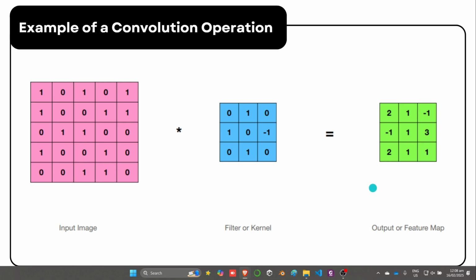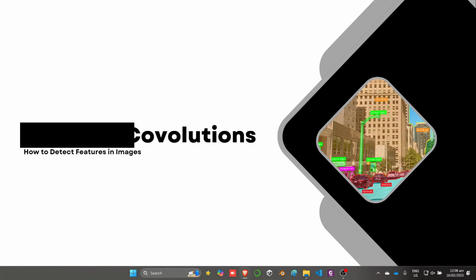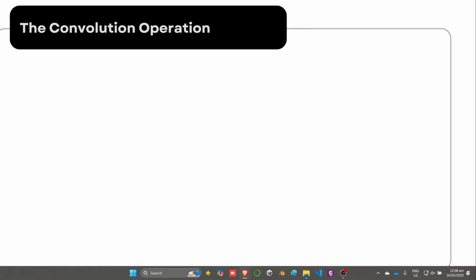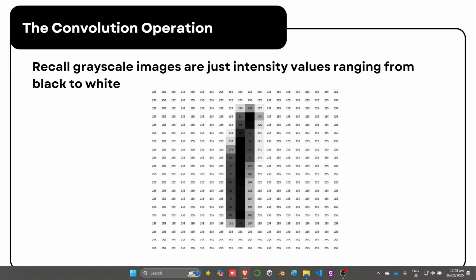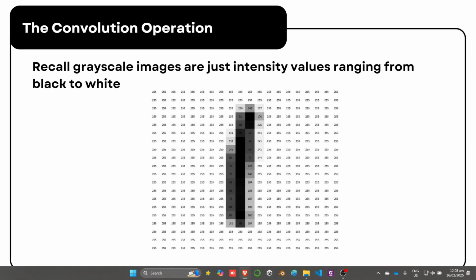So how does this work? Just to refresh your memory, remember I said a one is white and the zero was black.